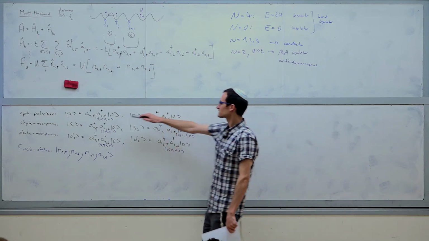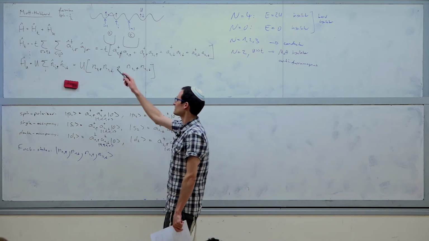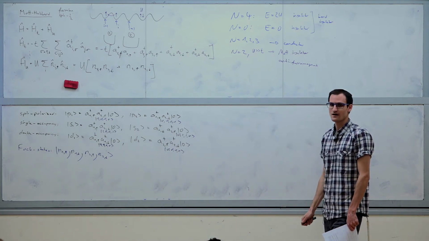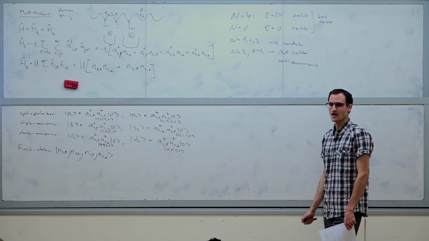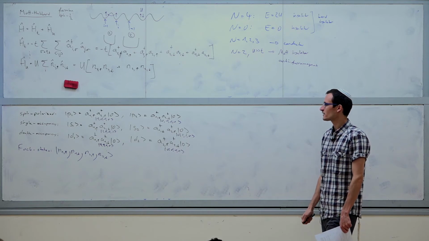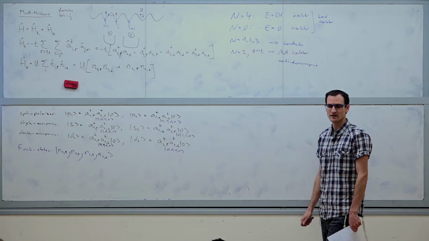Which of these states are eigenstates of the Hamiltonian? I'll give you a hint. The state has zero energy. Both the interaction and the hopping are zero.